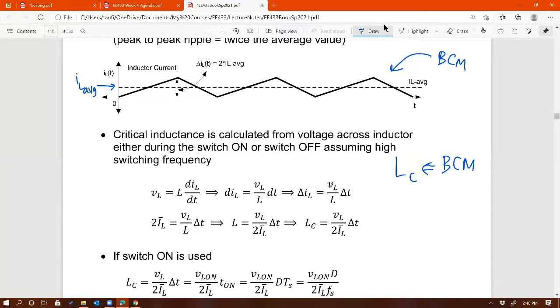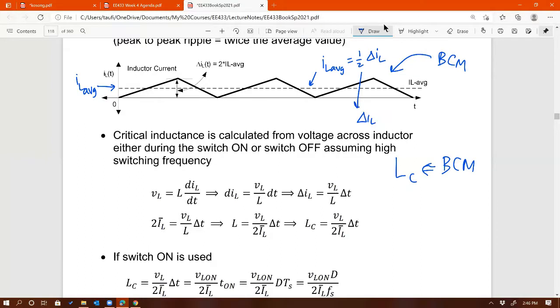So the average current right there, IL average, is actually half of delta IL. Or in other words, delta IL is twice the average value. So that's what I have right there, 2 times the average value, that's our delta IL.